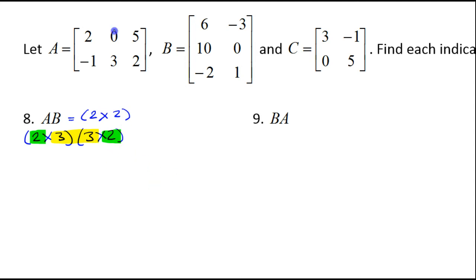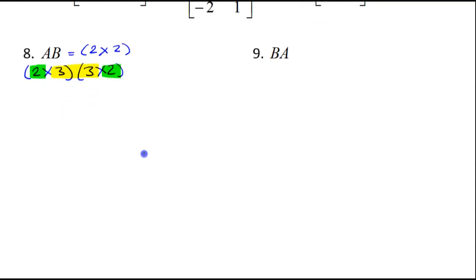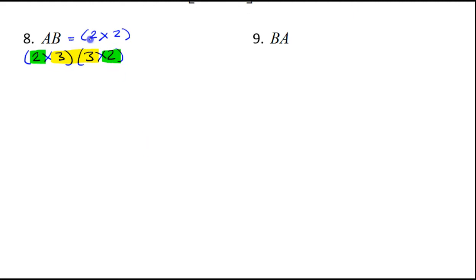Now, that is very important because when I show my work, I need to know the dimensions of my final answer so that I can set up an empty matrix to work in. So since the product is a 2 by 2 matrix, right now I'm going to set up a 2 by 2 empty matrix like this.